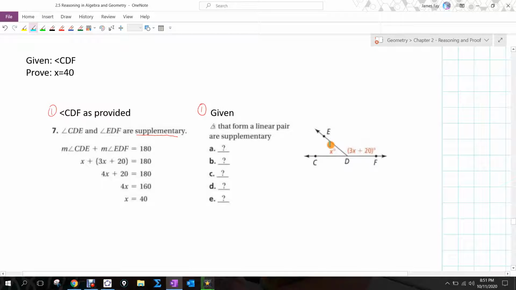If we look at these two angles here, that angle there and that angle there, we know that they are supplementary, okay, because they are two angles, they're adjacent, and they form a straight line, that line right there. So that tells us these should be supplementary because they form, and if you remember that angle set, we call that a linear pair because they form that line.